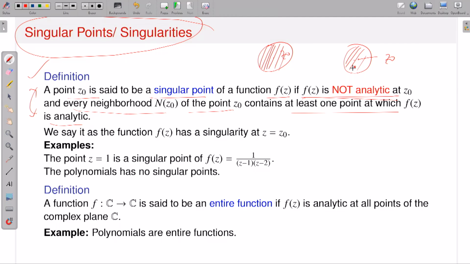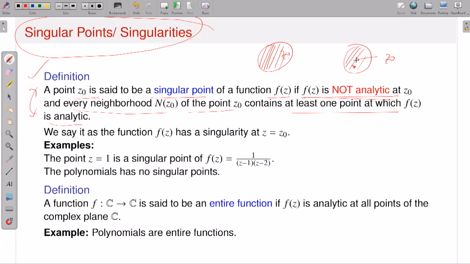So therefore, analytic at a point z0 means there exists a neighborhood such that at each point my function is differentiable. So if my function is not analytic, that means whatever neighborhood I take around the point z0, there should exist one point where my function is not differentiable. That is plus something. What is that plus? It says that again every neighborhood of the point z0 contains at least one point such that my function is analytic.